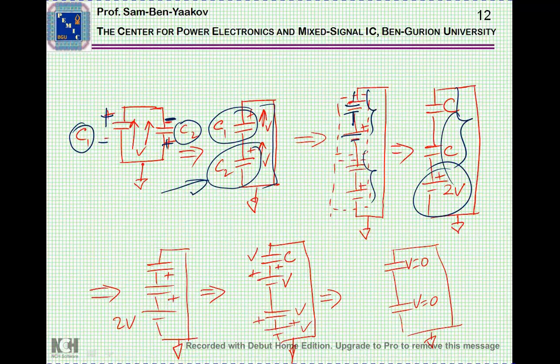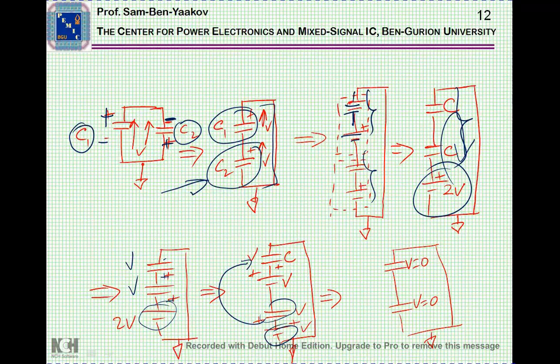Now, current will flow and charge the capacitor this way. And of course, if they are equal, it'll be the same voltage here. And now I split the 2V back to the two original values and each capacitor gets its original voltage source.